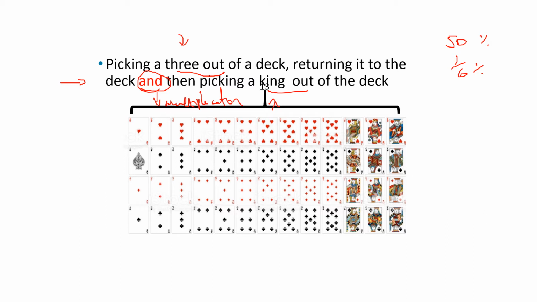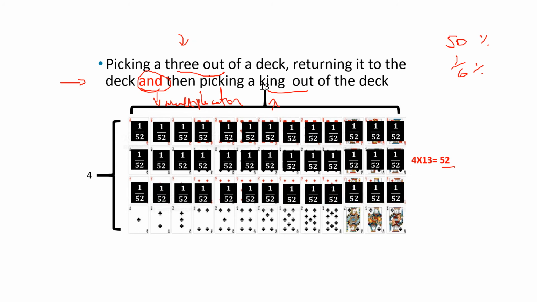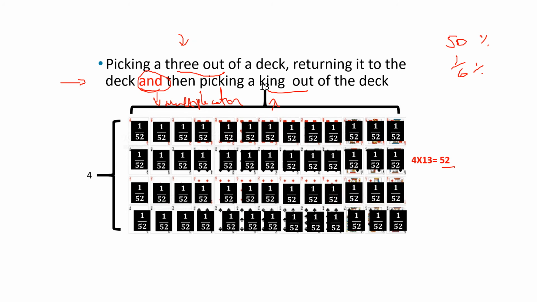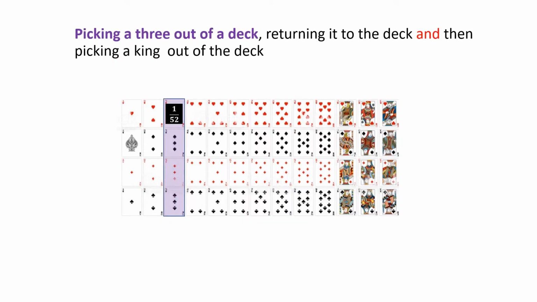That will be the first step. So here you have to multiply 13 by 4, and this gives you 52. So you have 52 chances of getting a single card there. In the case of the 3 and the king, they don't say to you specifically what type of 3 or what type of king. So this is the next step. So you have 4 options to get a 3.